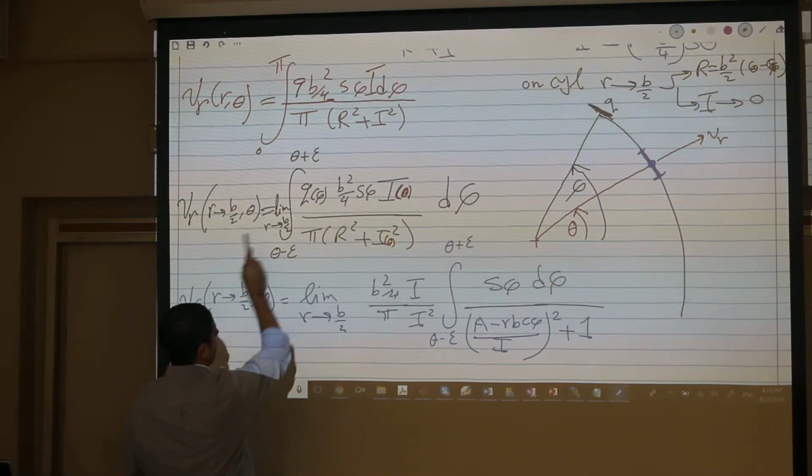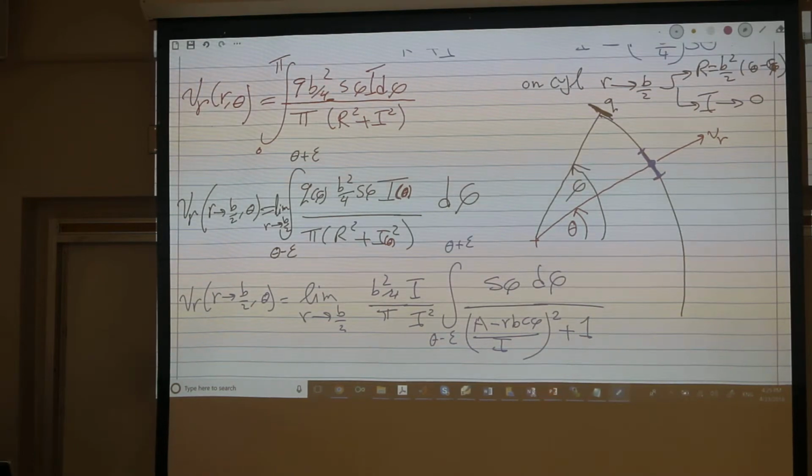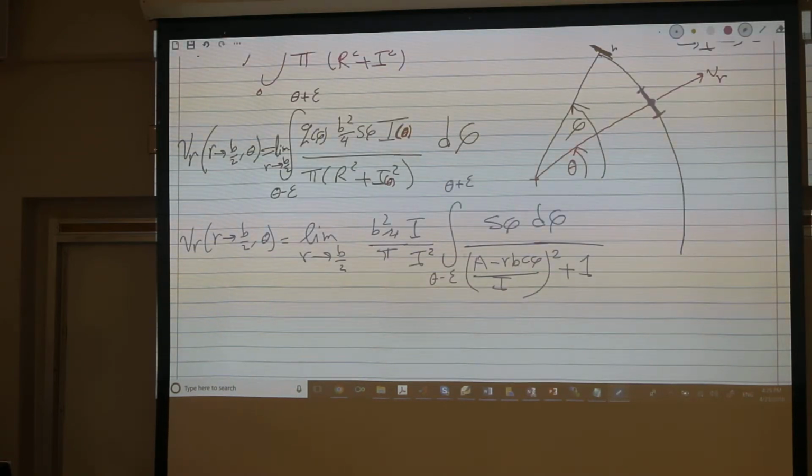I got this I squared outside. Anything missing? I still need to put Q. Any questions so far? Just rearranging terms. This R I called A plus something times cosine, and I divided by this I squared.